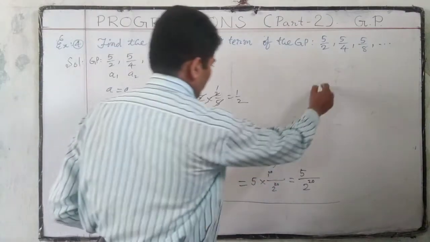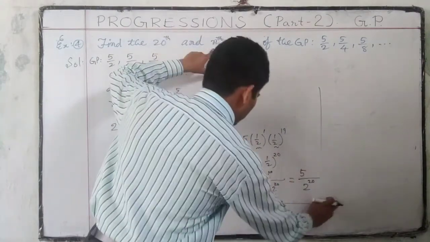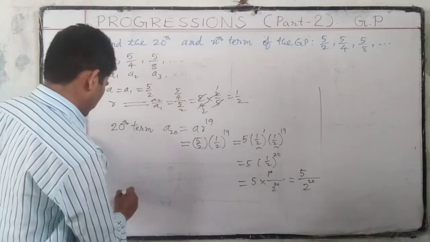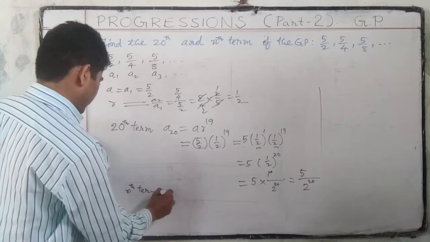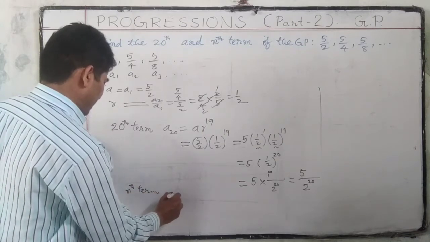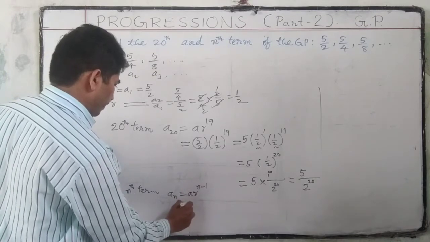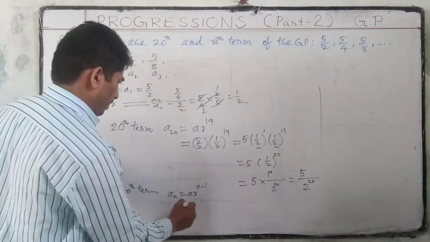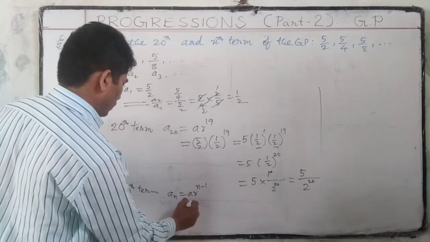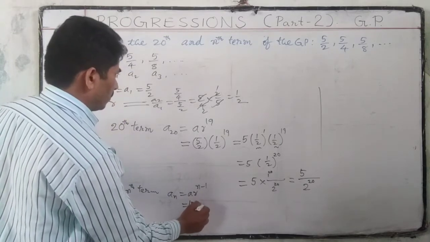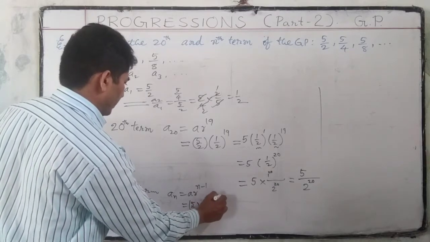And here we have to find the nth term. The nth term an is equal to a r to the power of n minus 1. a is 5 by 2, r is 1 by 2, all to the power of n minus 1.